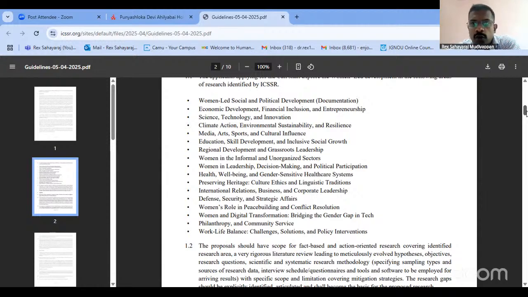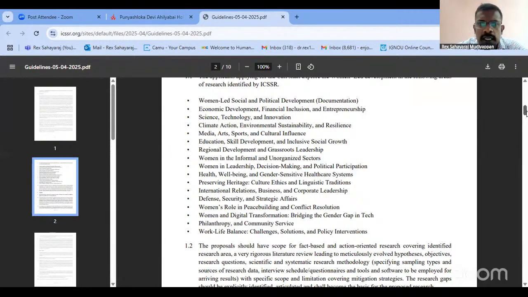They will give funding up to 25 lakhs. So you see all the research areas they have asked for: women-led social and political development, economic development, financial inclusion and entrepreneurship, science and technology innovation, climate action, and everything.